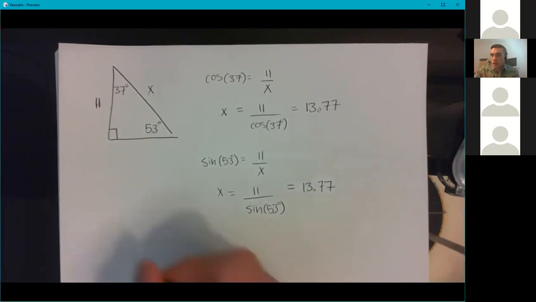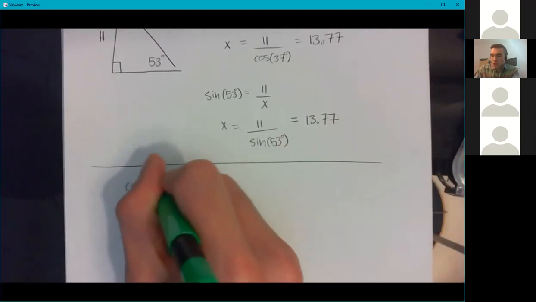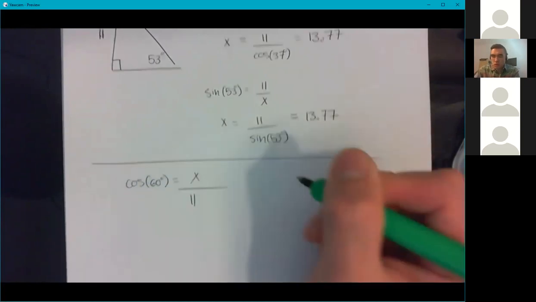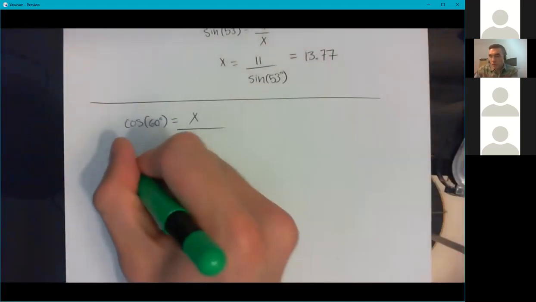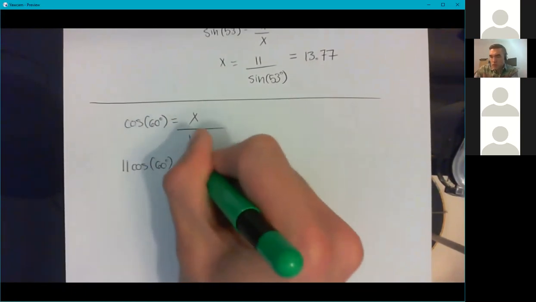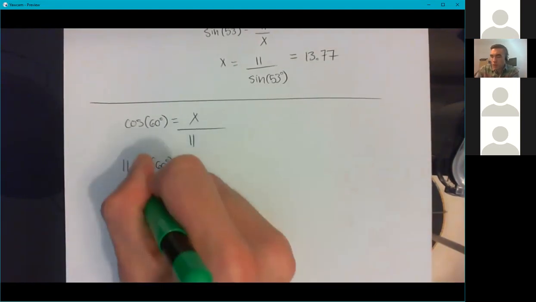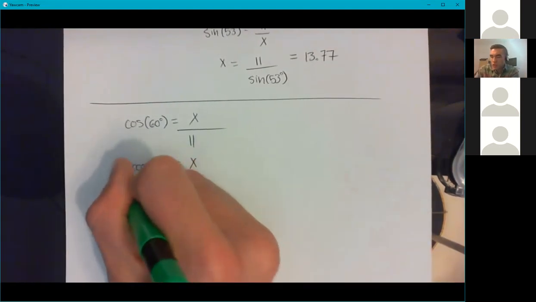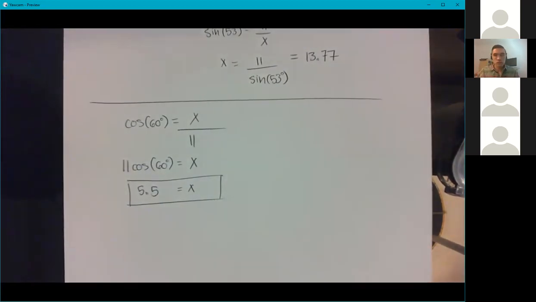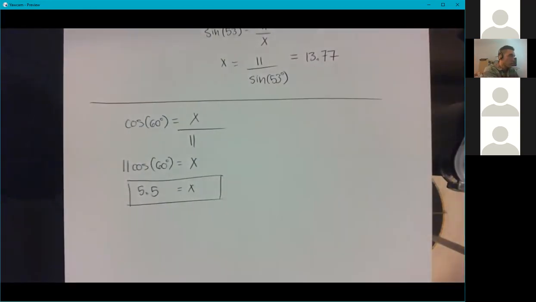So cosine of 60 is equal to adjacent divided by hypotenuse. Multiply both sides by 11 to get x. So 11 cosine 60 is equal to x. If you feed that to your calculator, you get that x is equal to 5.5 because cosine of 60 is exactly 1/2. Okay, thank you. Either that or special right triangle rules give the same result.